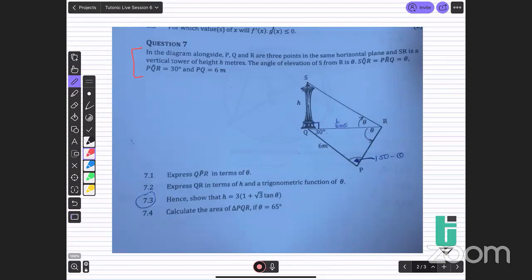Okay, Nafisa, do you want to try? So the PQR triangle is the horizontal plane, and SR is the vertical tower, so it will make 90 degrees.